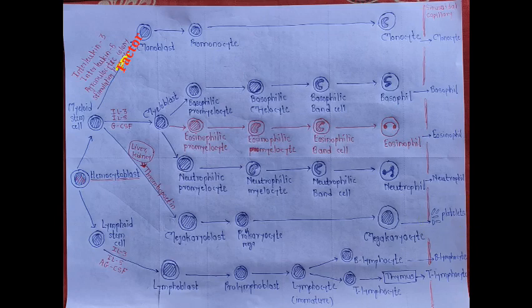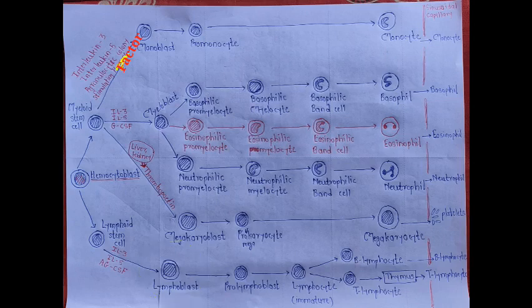Now again move back to the main stem cell, that is hemocytoblast. Hemocytoblast gives rise to a lymphoid stem cell. This lymphoid stem cell, stimulated by certain chemicals like interleukin 3, interleukin 5 and granulocytic colony stimulating factors, gets converted into lymphoblast.